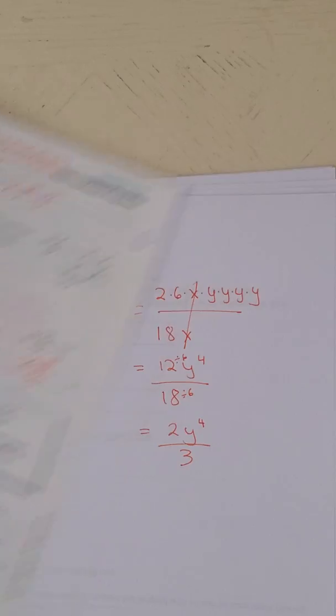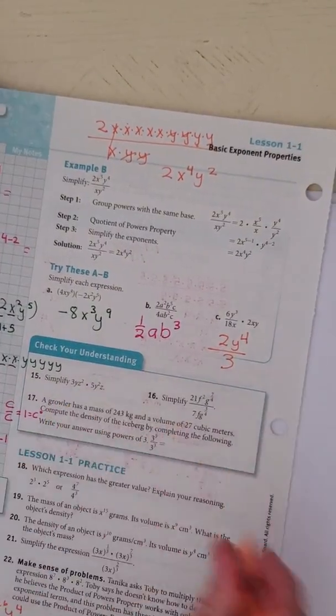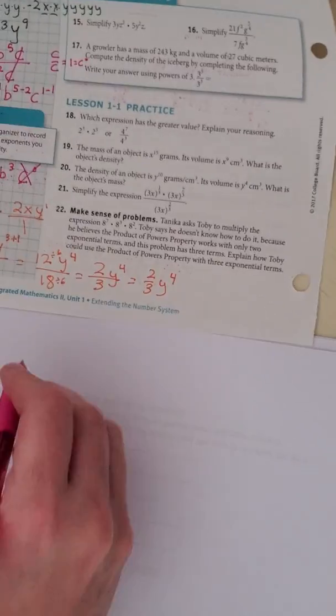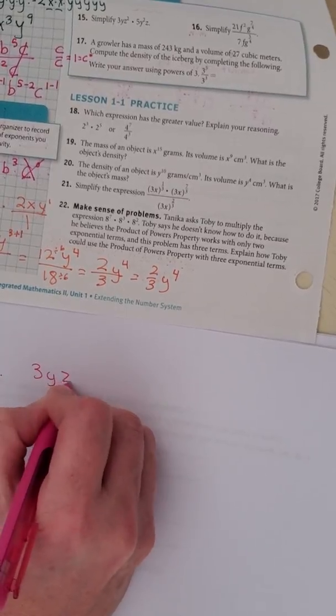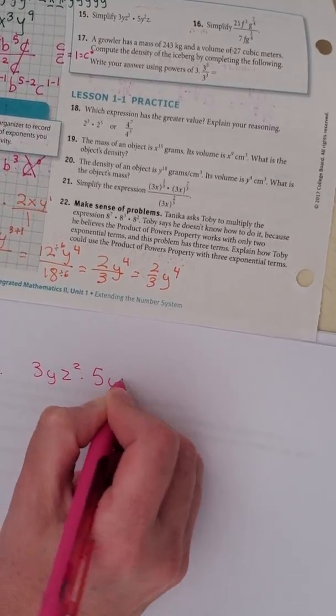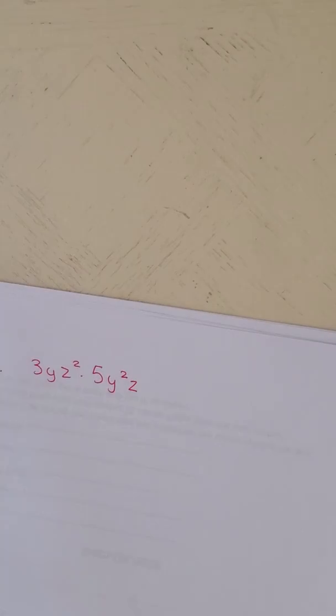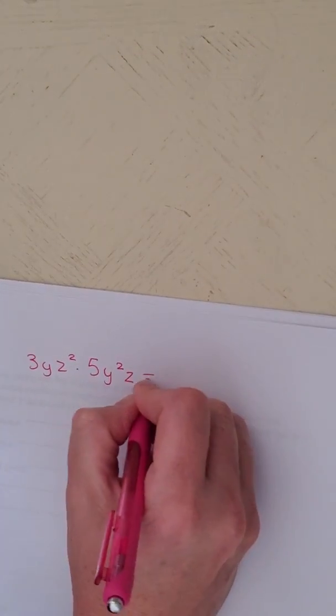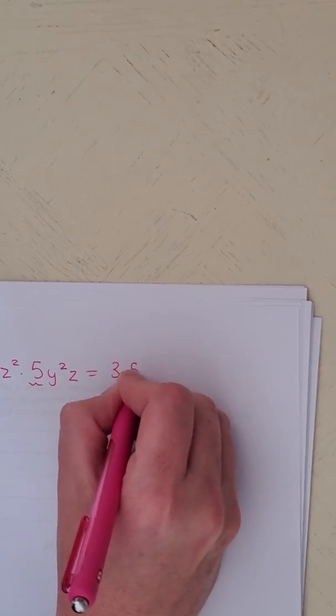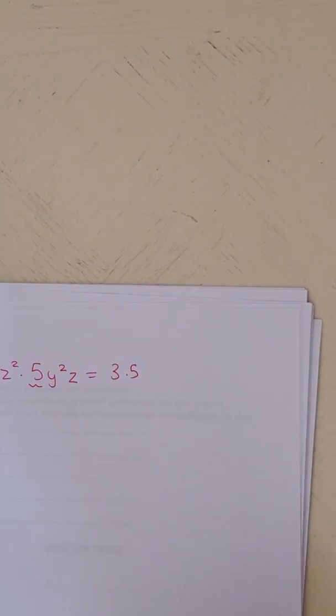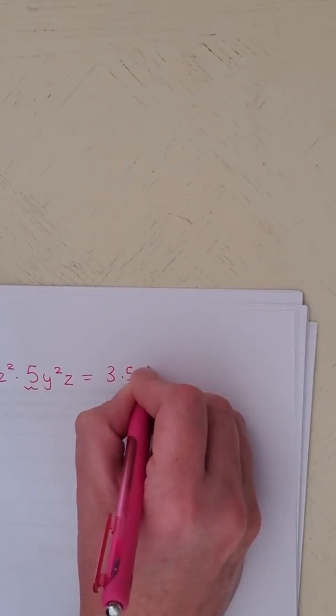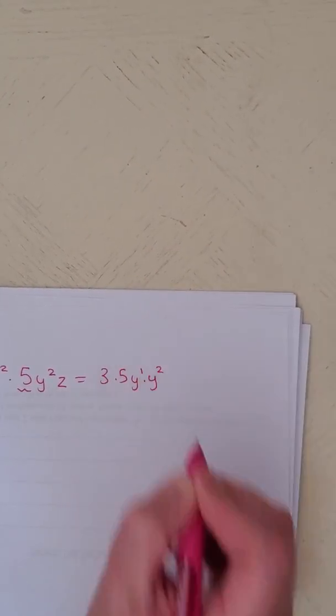All right, we're going to do the check your understanding. So the first check your understanding, number 15. Number 15 says simplify 3yz squared times 5y squared z. I'm going to group my coefficients together. So that's 3 times 5. I'll group my y's. Don't forget that's a y to the 1st. So I have y to the 1st times y to the 2nd.